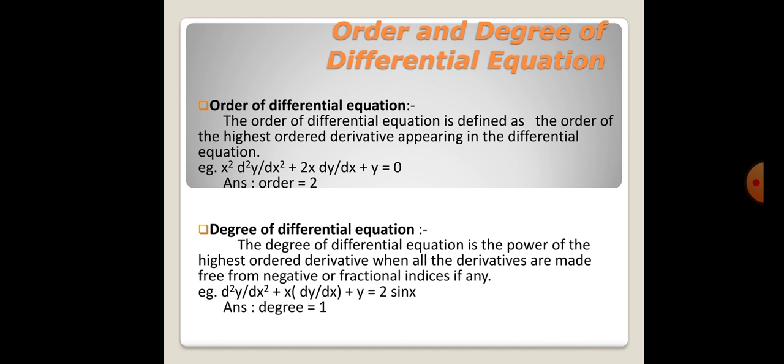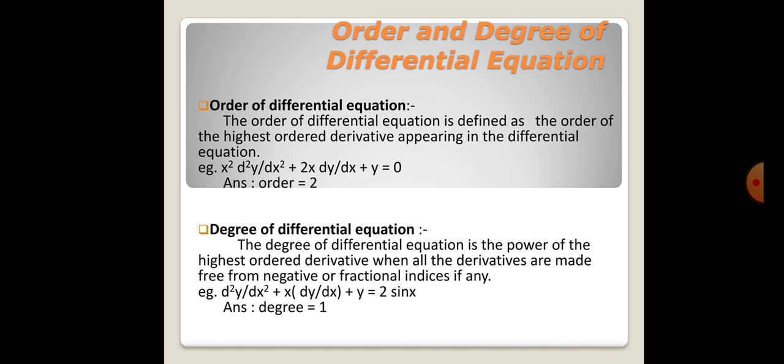First we see what is the order of differential equation. The order of differential equation is defined as the order of the highest order derivative appearing in the differential equation. For example, x square into d2y upon dx square plus 2x into dy upon dx plus y is equal to 0.